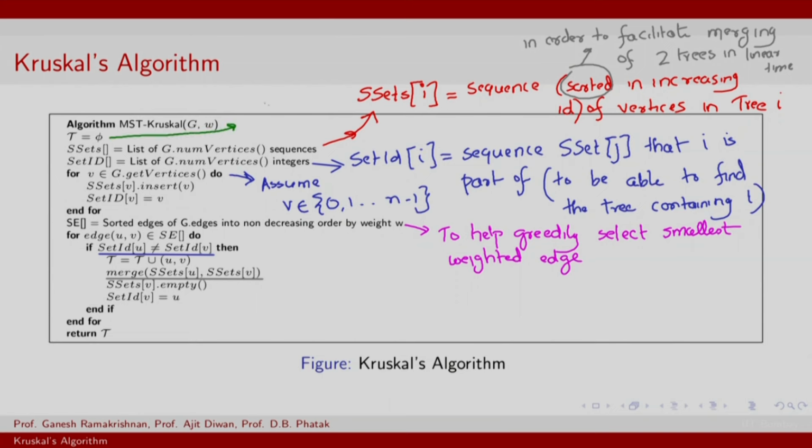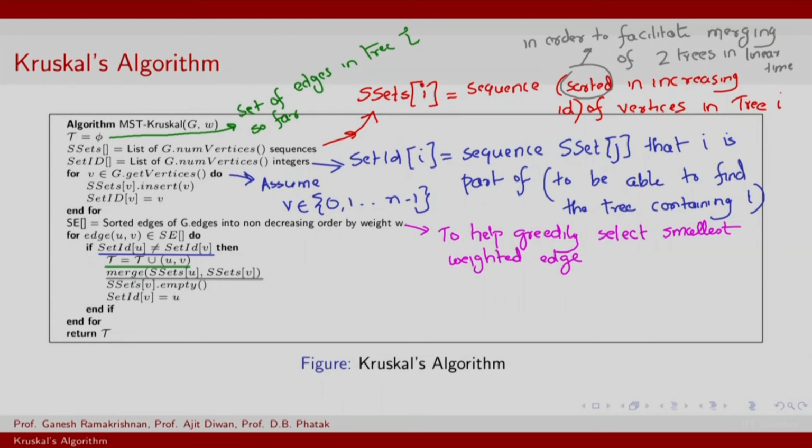So, this T is the set of edges in tree T so far. It starts with an empty set, but if we find that this new edge does connect two different trees, we basically add this edge to the tree that is being grown.